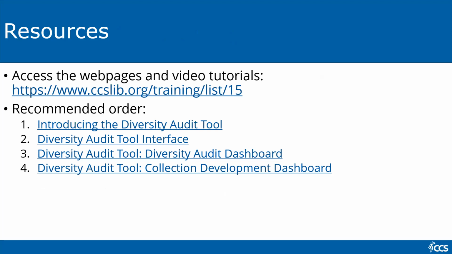The first one is introducing the diversity audit tool. That's just a brief video. And then I recommend the diversity audit tool interface page that provides an overview of the interface. Then there are 2 separate pages, one for the diversity audit dashboard and the other for the collection development dashboard.